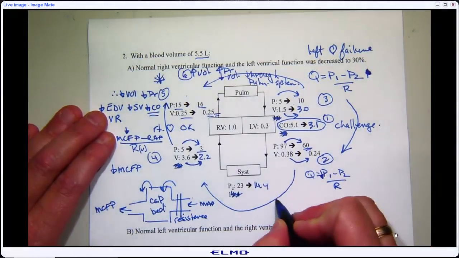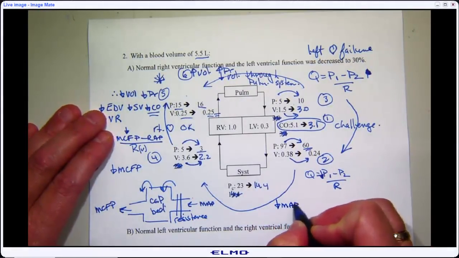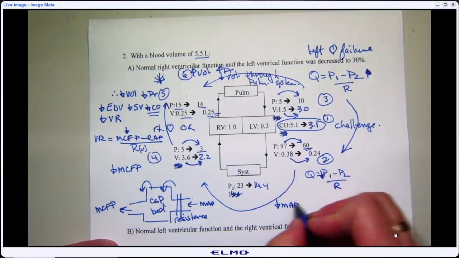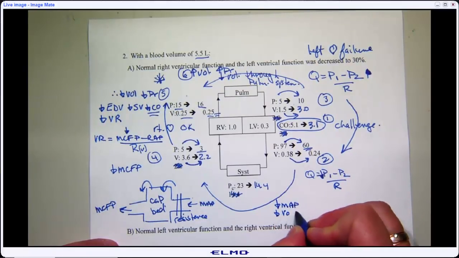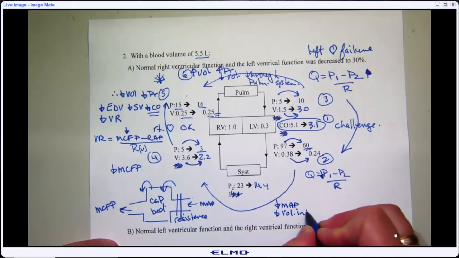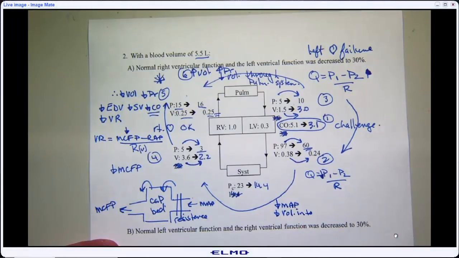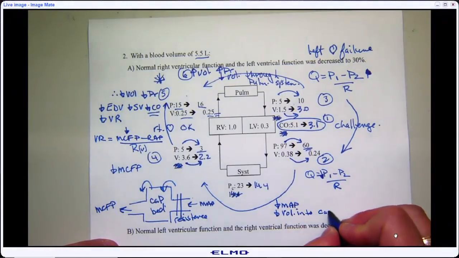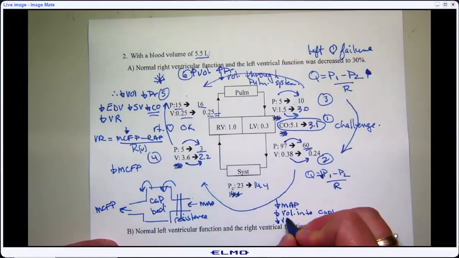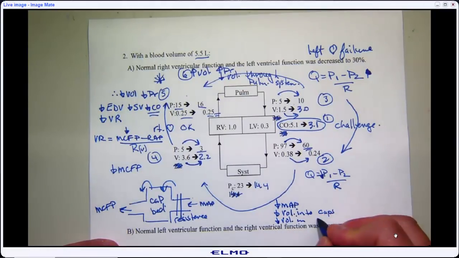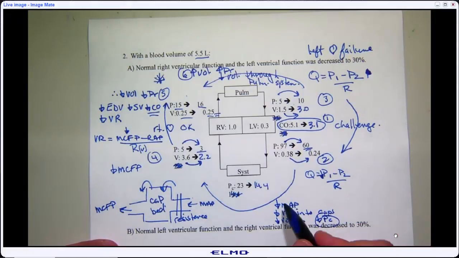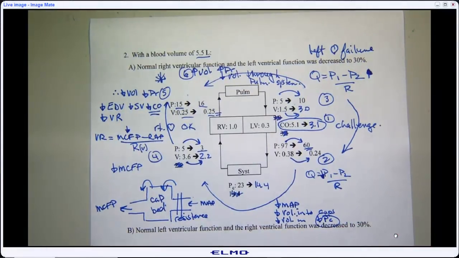Perfect. So I've got a decrease in mean arterial pressure, right? That's going to represent a decrease in volume into the capillaries, decrease in volume in, and a decrease in pressure in. Perfect. Okay, so that would be our volume in argument.